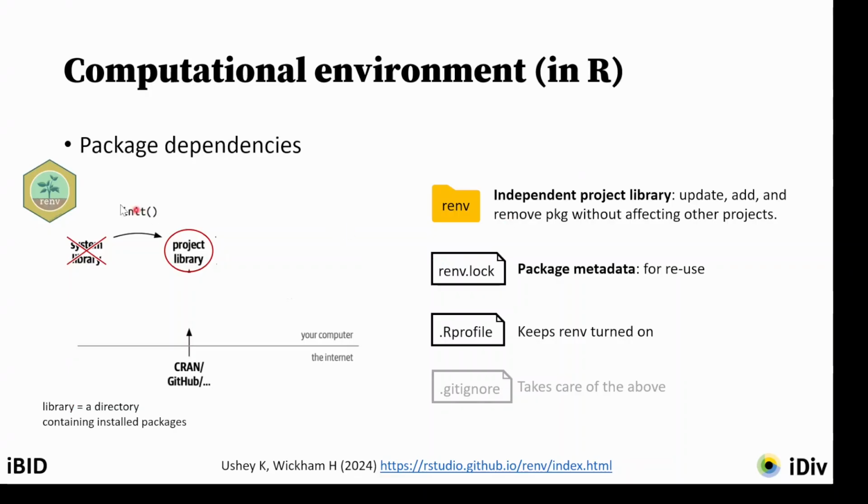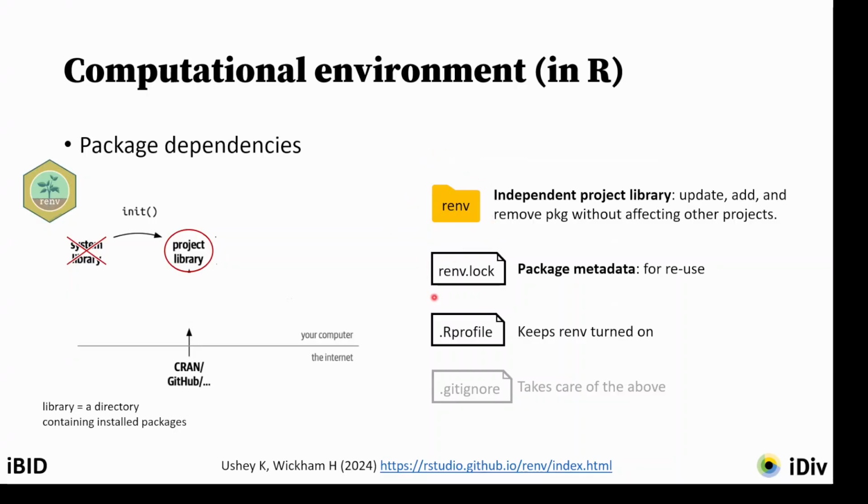So once you initialize renv, as I said, it's going to create a folder that will contain the packages that you will be using as you start adding them to your scripts. As you start loading them with library, as you start installing them, they will come here.